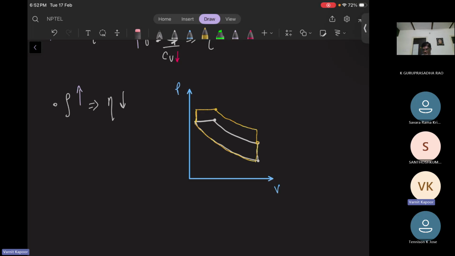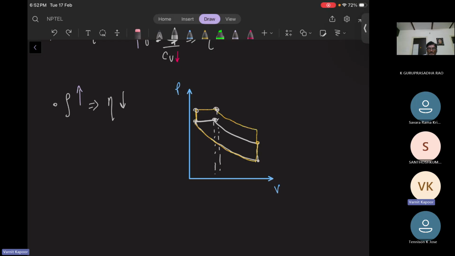So what has happened? You have increased the cutoff. Earlier the cutoff was happening from this point to this point. Now the cutoff is happening from this point to this point. If you just observe, they are not inclined at the same level, because you have to make these lines parallel to each other.